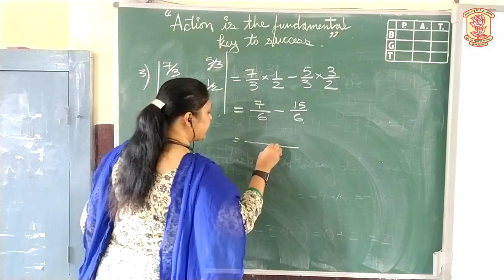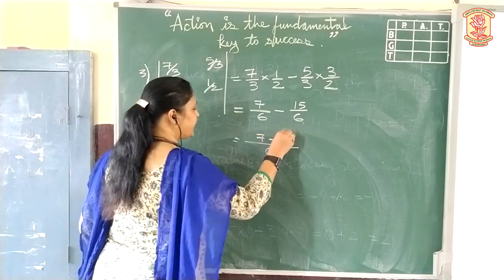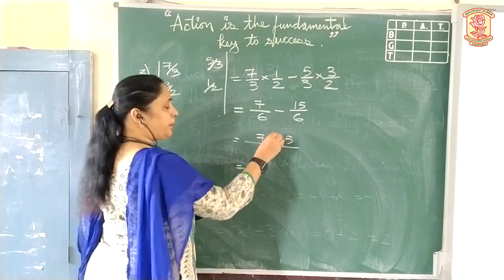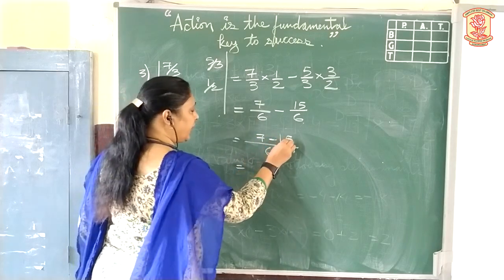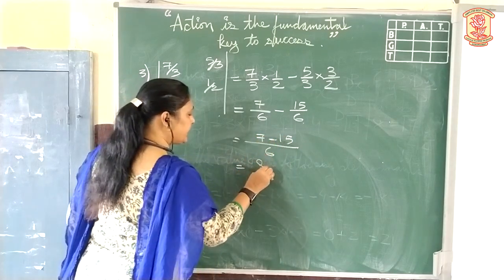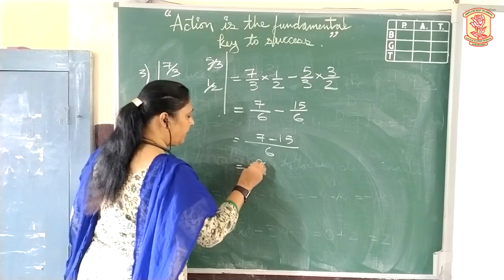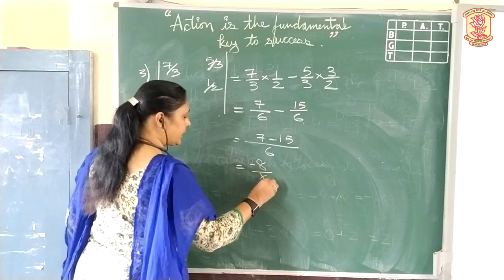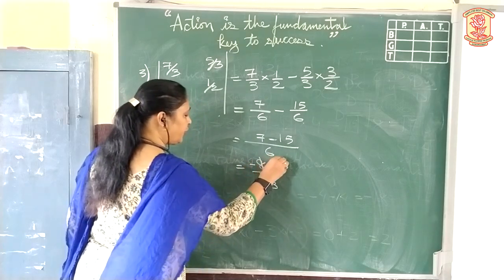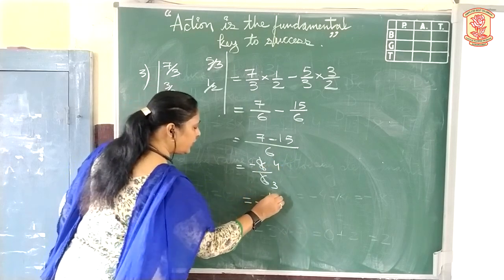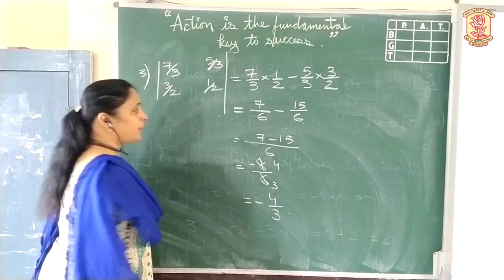So 6 is the LCM. We get 7 minus 15. Here 15 minus 7, that is 8, and bigger number sign, minus. Minus 8 upon 6. So the value of the determinant is minus 4 upon 3.